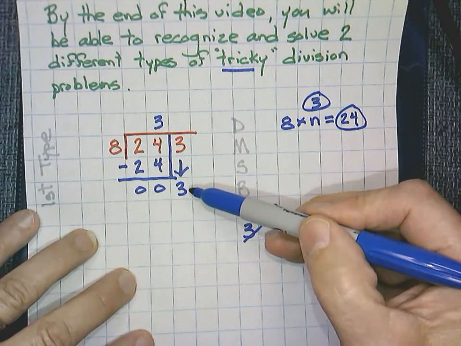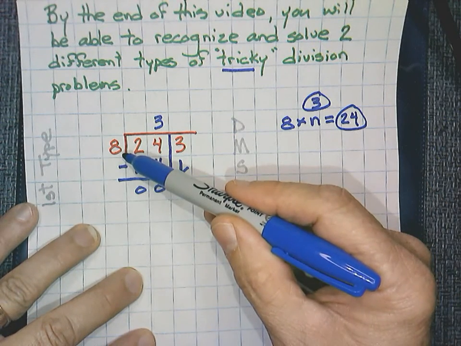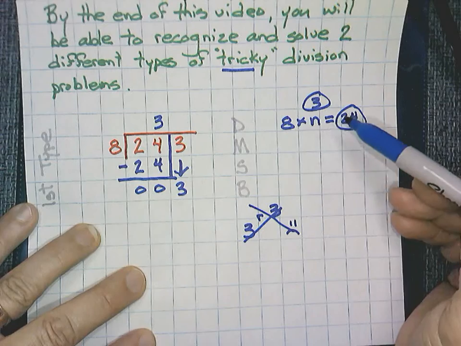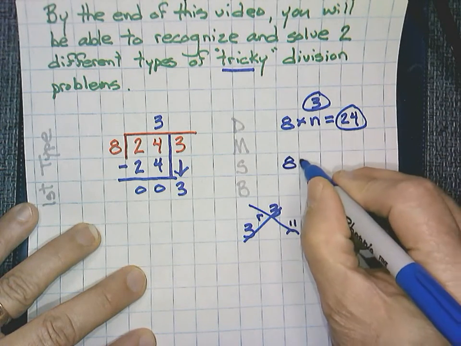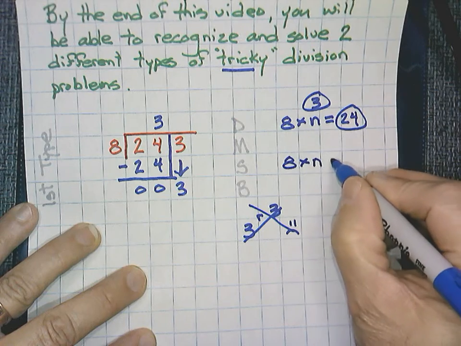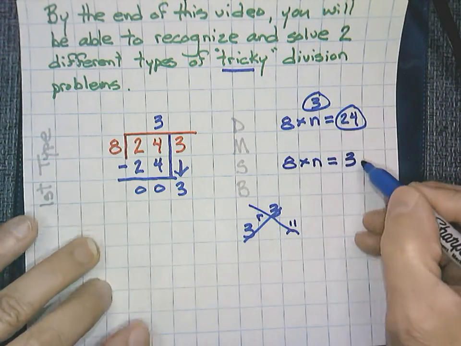When we bring a number down, we still need to do the division step. So I'm going to do the same step as we always do. It's going to be 8 times n, in this case, equals 3.